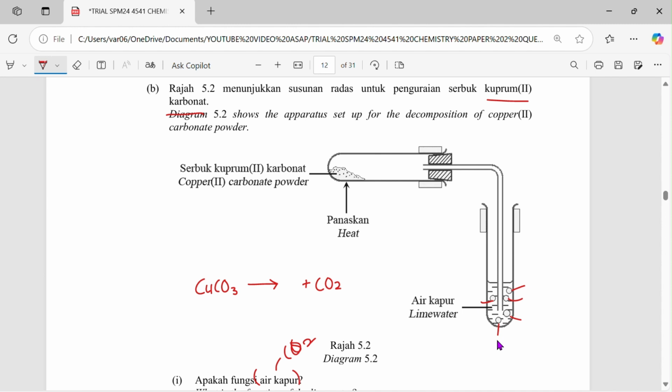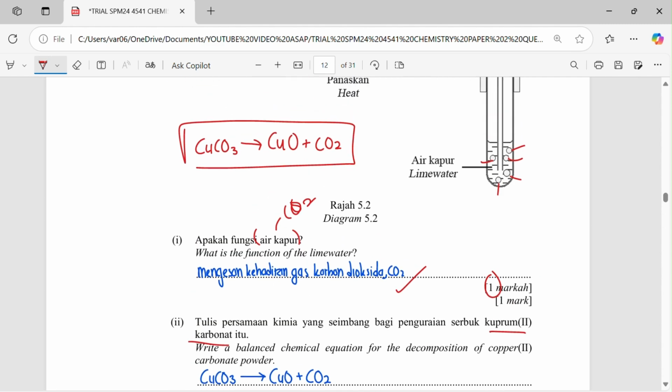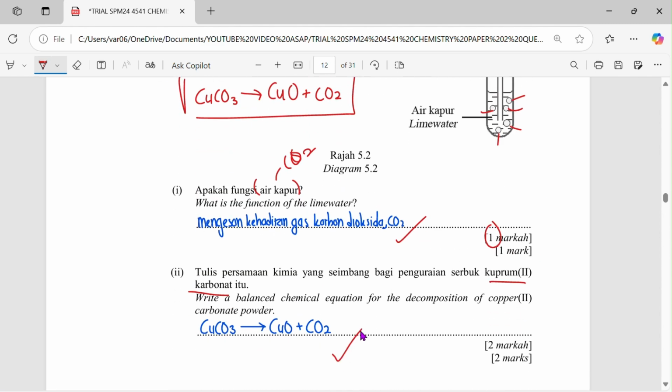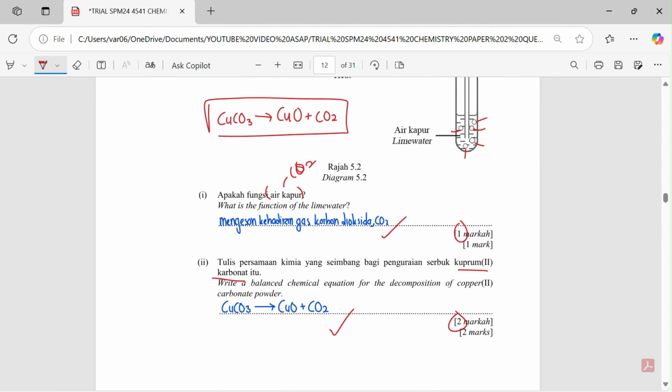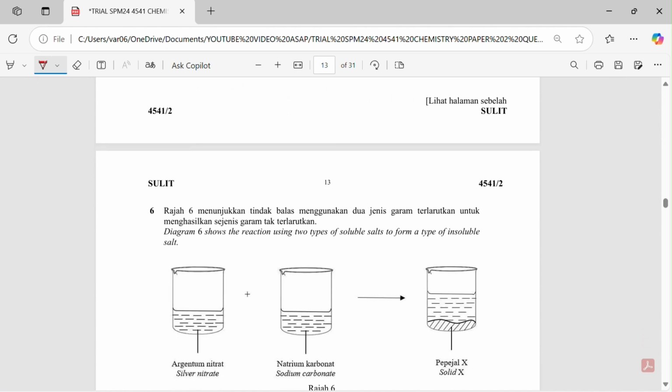Next is cuprum oxide. It will form cuprum oxide. Yes. So this is the persamaan kimia. Very simple.